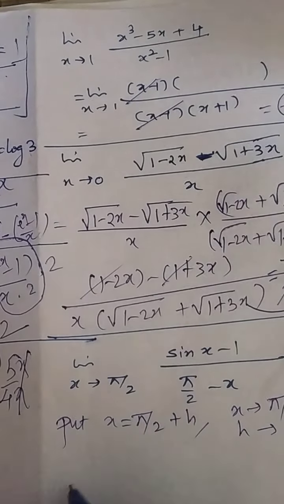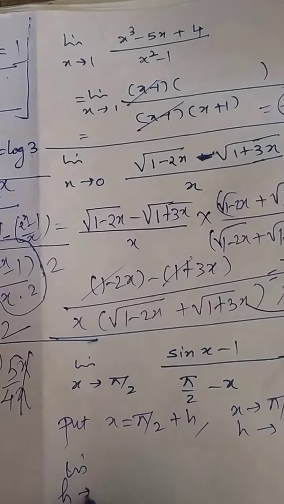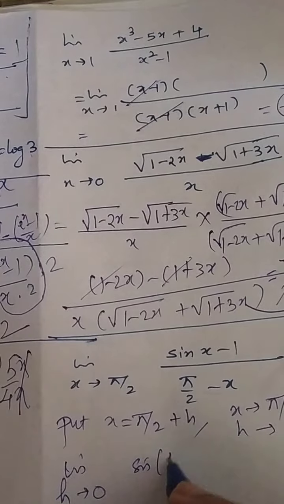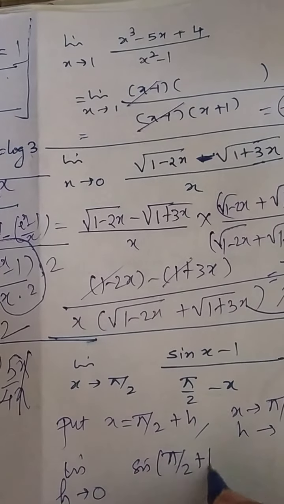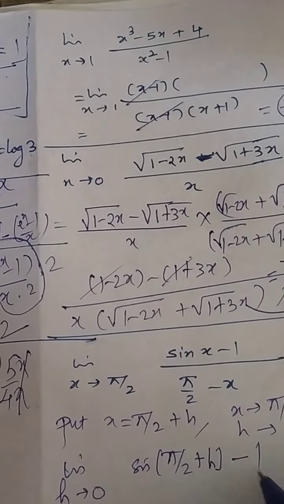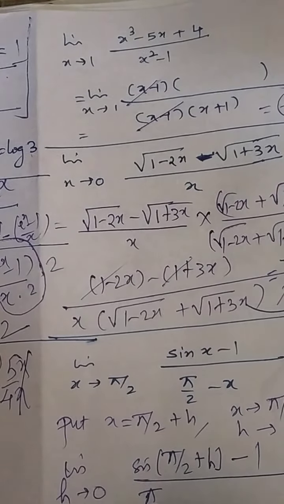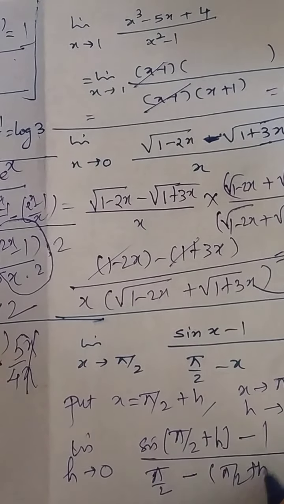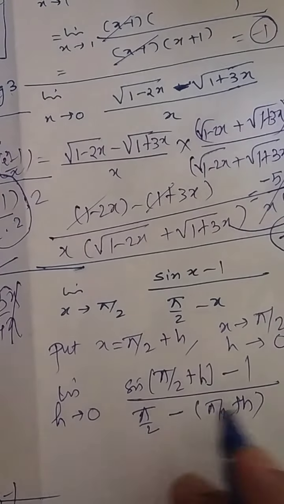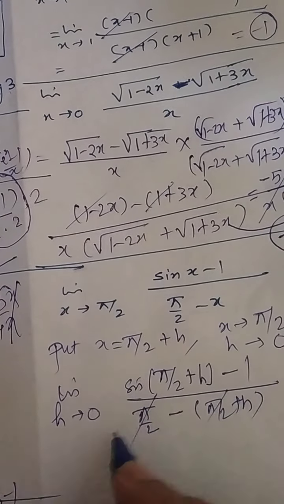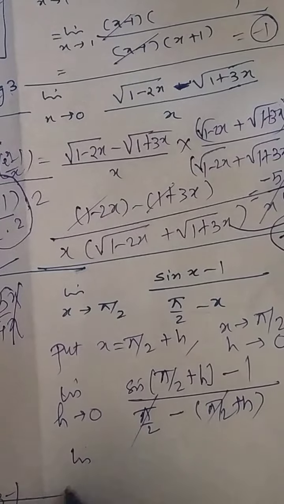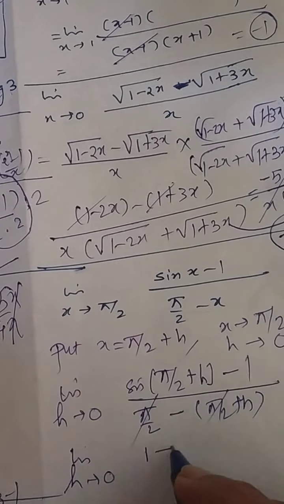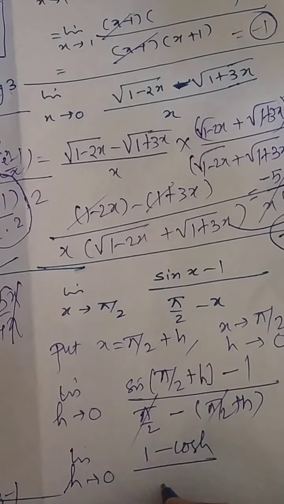So we will convert this question: limit as h tends to 0, sine of pi by 2 plus h minus 1 upon pi by 2 plus h minus pi by 2. Try to simplify this, pi by 2 will get cancelled. Minus 1 is coming, so I am shifting that minus 1 to the numerator. It will be 1 minus cos h upon h.